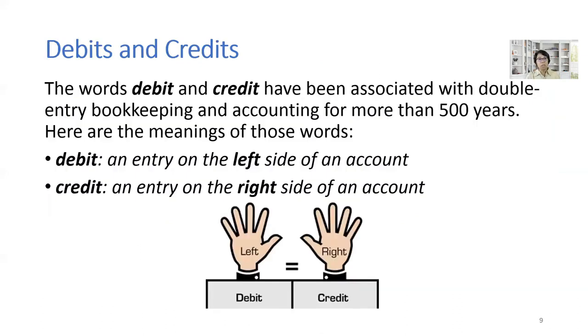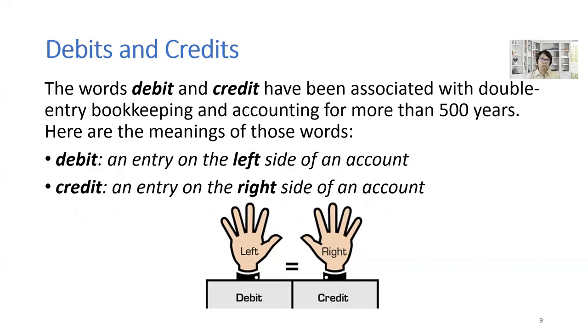Okay, so I use the term debits and credits. And if you could see, it's been associated with double entry bookkeeping for more than 500 years. Oh, I thought it was more than that. I thought it was like thousands of years. But here's the meaning. You got to remember this. Debit just means left. It doesn't mean go up.